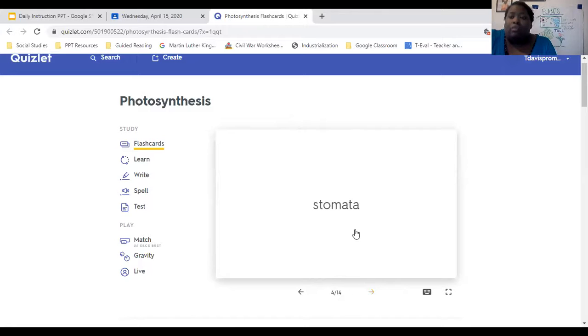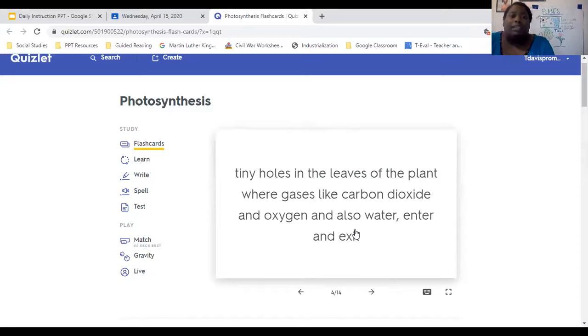Stomata, my turn, stomata, your turn. So the stomata are tiny holes in the leaves of the plants where gases like carbon dioxide and oxygen and also water enter and exit. So water comes in the plant through the stomata, but it also leaves out of the plant through the stomata.